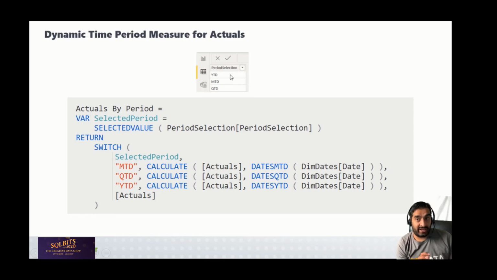This was just a disconnected table in the corner of our data model, and depending on what's selected there, that determines what we return in terms of the measure. If MTD is selected, we return our actuals in the filter context of dates MTD. If QTD is selected, we return the value evaluated in the context of dates QTD, and for YTD we do the same thing.